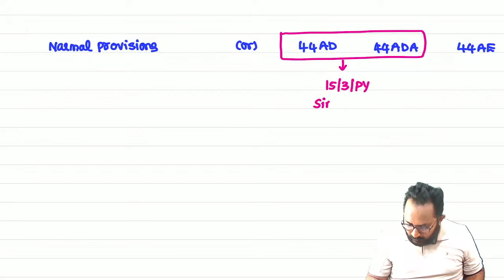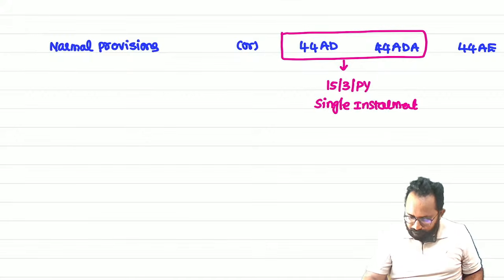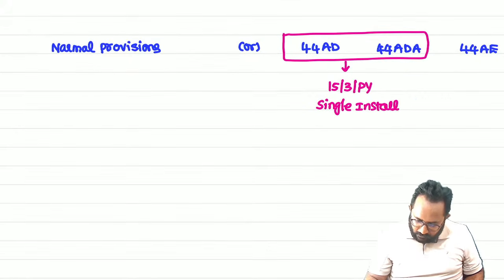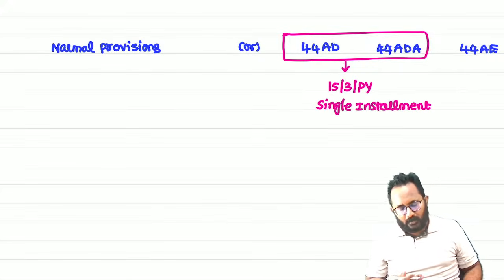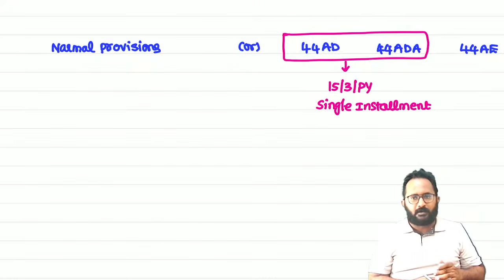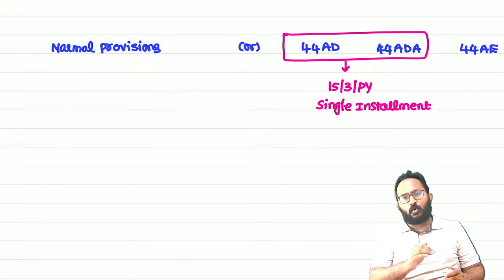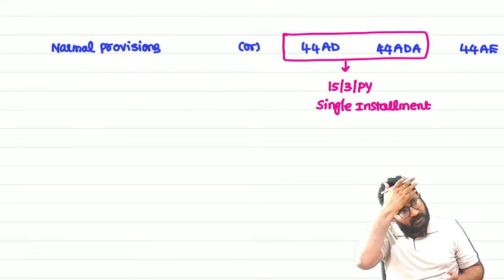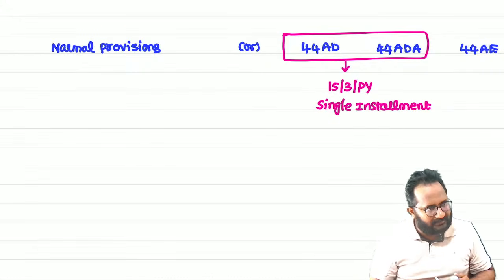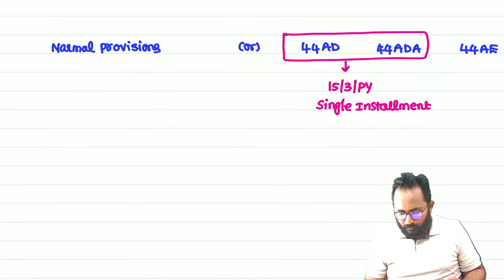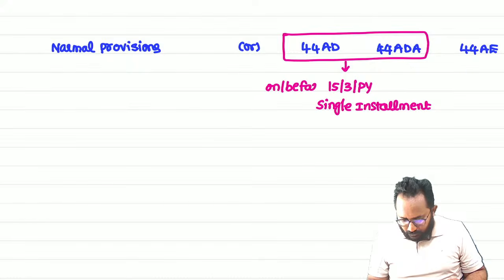There are no 4 installments. Presumptive means you have a low income, so no problem. Please pay the total advance tax by the end of the year, on or before March 15th.